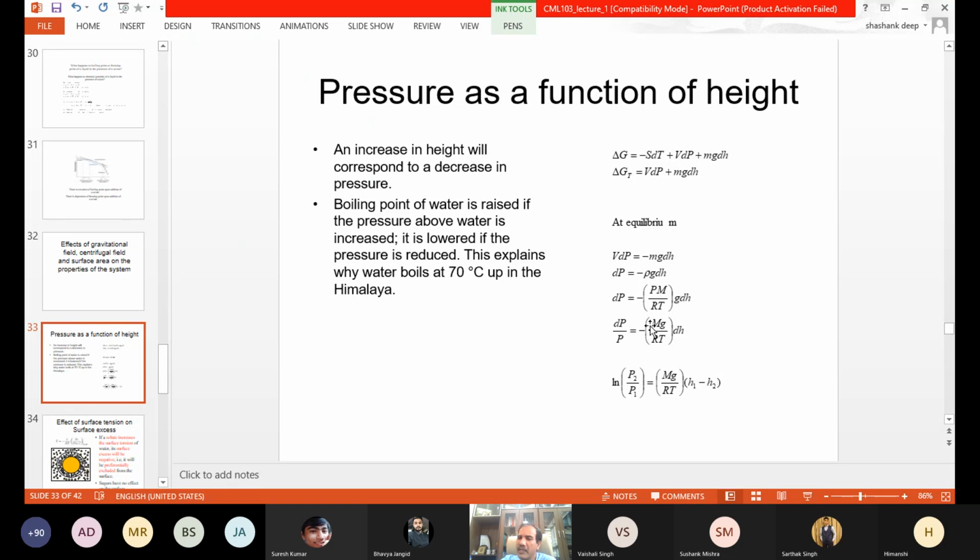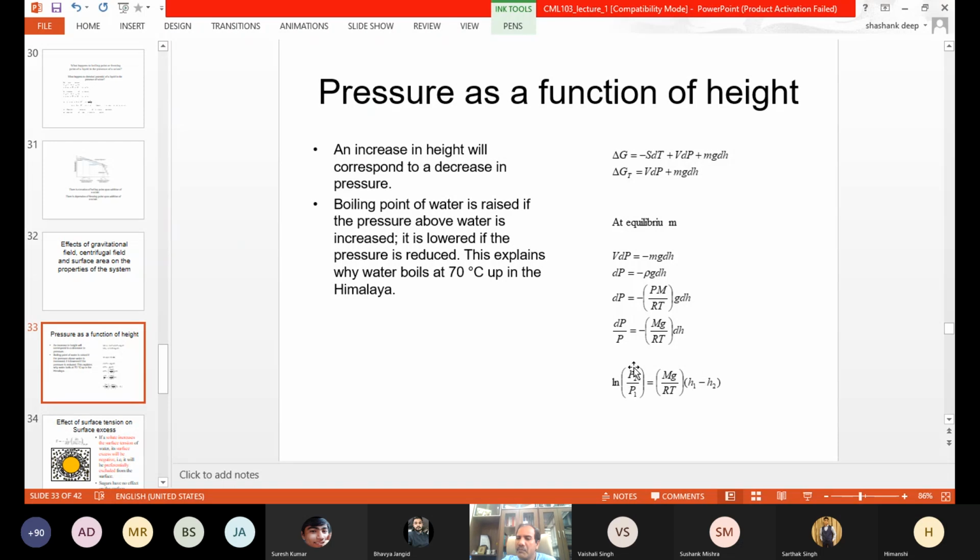For example, here I have shown you how to calculate the vapor pressure with height. What you can look at is a simple integration, and that's what is shown here. If delta H is positive, it means this part is negative.